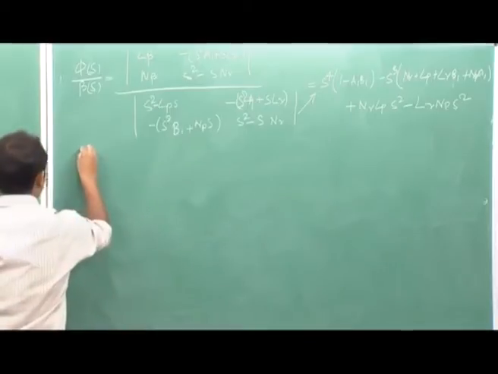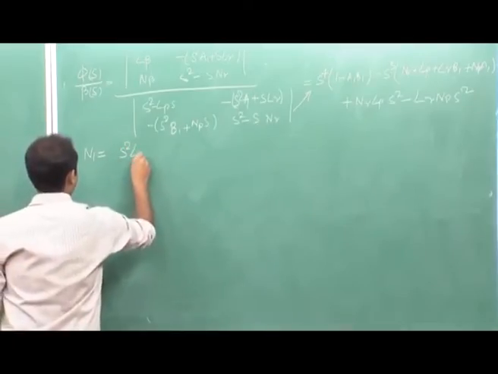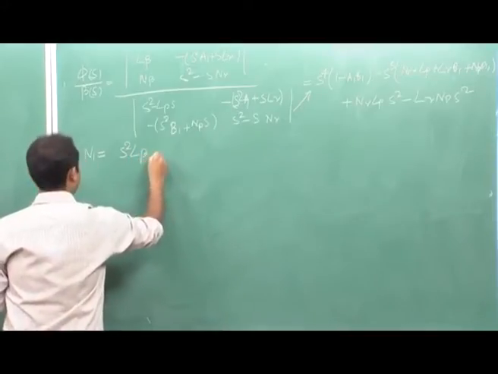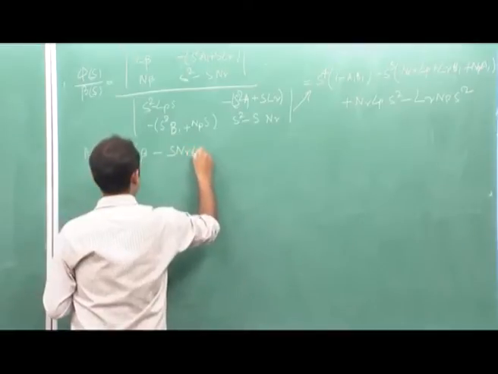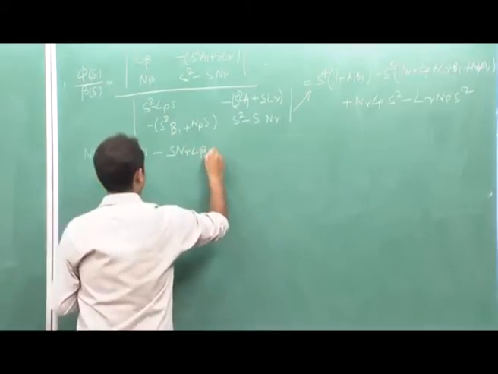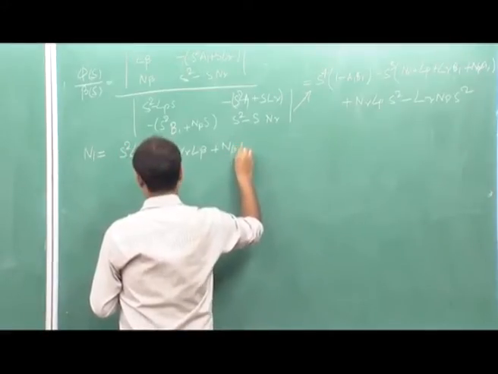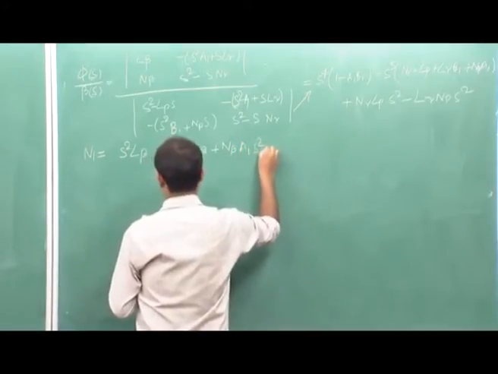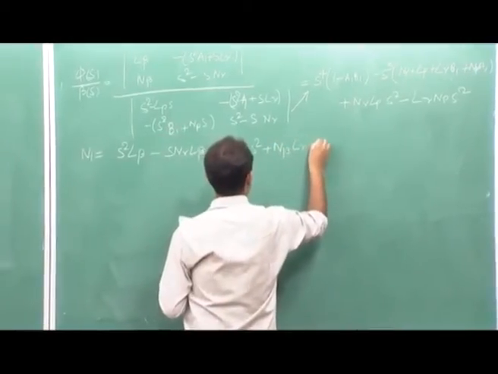The numerator will be N1 s square L_beta minus s N_r L_beta plus N_beta A1 s square plus N_beta L_r s.